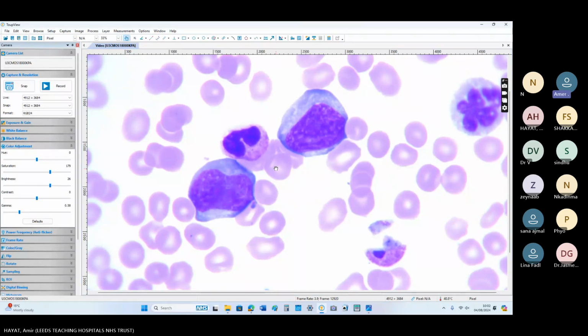This patient needs to be admitted under hematology urgently. We need further investigations like blood flow cytometry in this patient and scans. CT CAP we do usually to find out the extent of lymphadenopathy and to stage the patient.